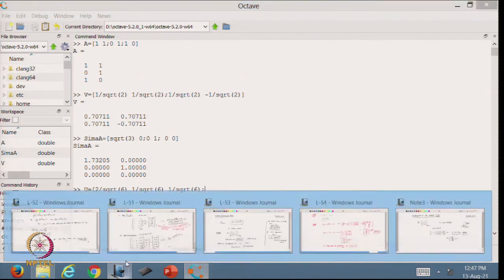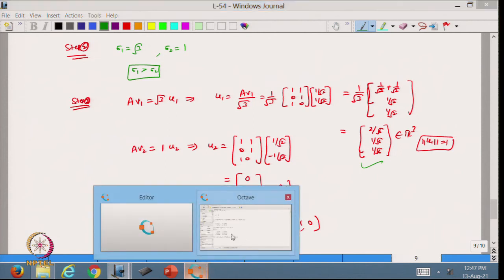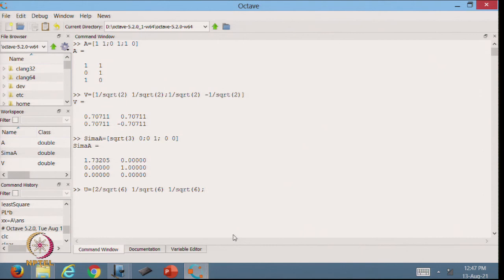Then the second one, in this case, is 0, minus 1 by root 2, 1 by root 2.